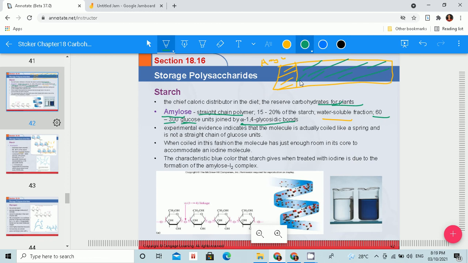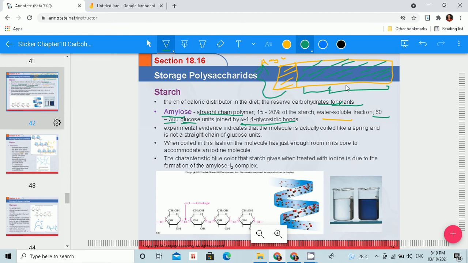When we say insoluble, it cannot be dissolved by our water. So this one is your amylopectin, and this is your amylose.